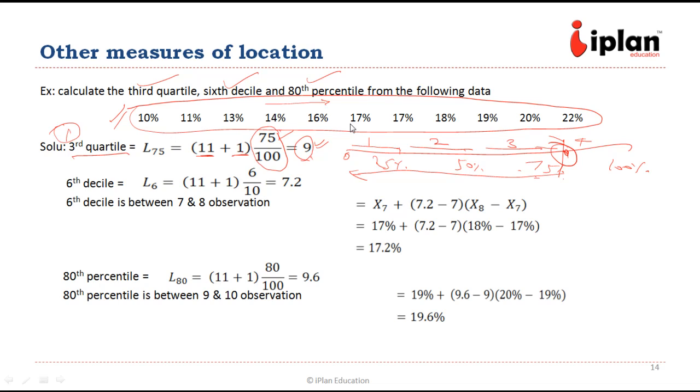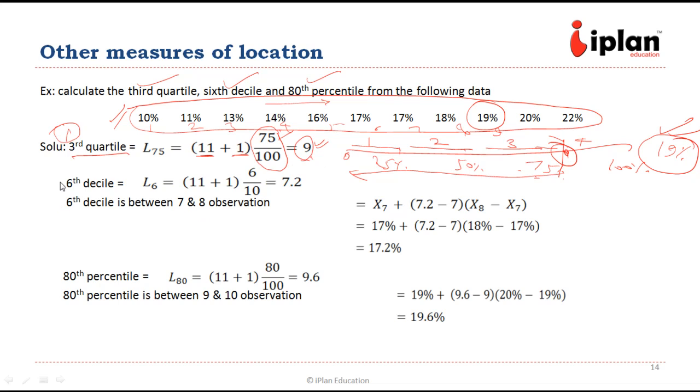We have already arranged it in that sequence. So if we look at the ninth term, 1, 2, 3, 4, 5, 6, 7, 8, 9, which is 19%. So that is our value, 19% is the value, which is third quartile. So we can say that 75% of the values lie below 19%.